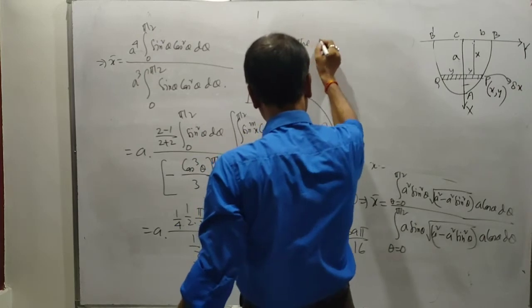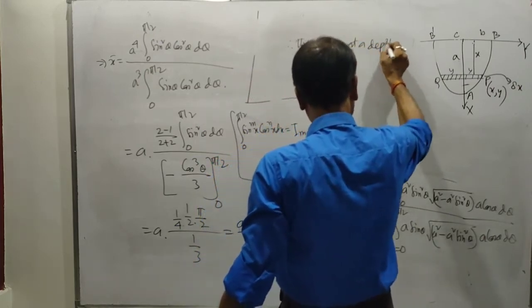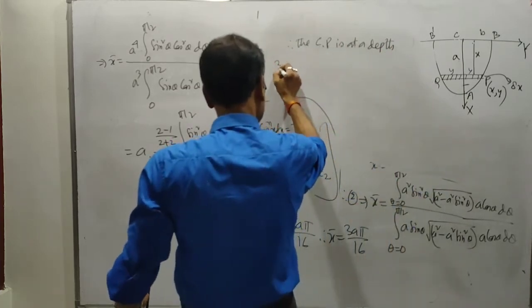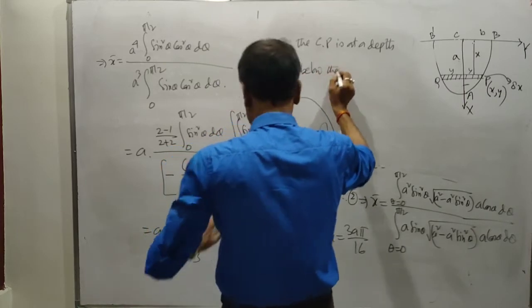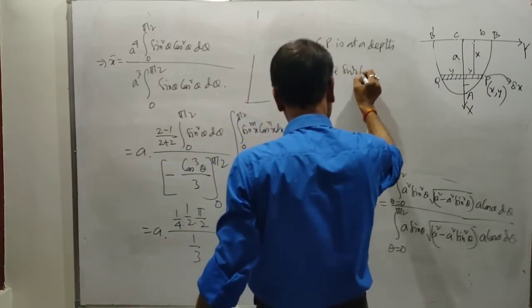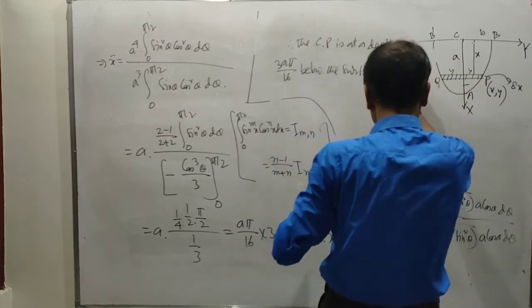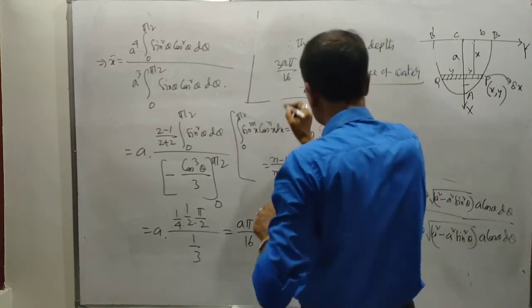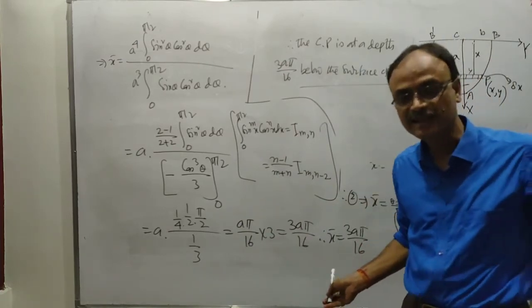Therefore, the center of pressure is at a depth thrice a pi by 16 below the surface of the liquid. Surface of the liquid means here, it is given, this water. Below the surface of water, the center of pressure is at a depth thrice a pi divided by 16.